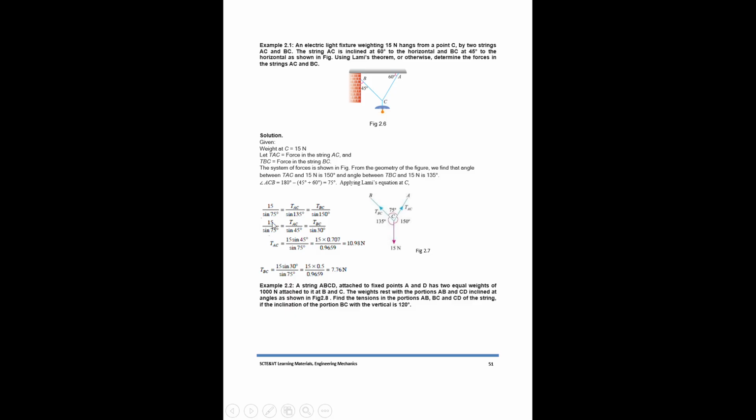So this is the first part, this one is the second, and this one is the third. If we equate these two, 15 upon sine 75 is equal to TAC upon sine 45. Then we can calculate the value of TAC, and that is 10.98 Newton. And if we equate TBC upon sine 30 with 15 upon sine 75 degree, then we can calculate TBC, and the tension in the string BC comes out to be 7.76 Newton.